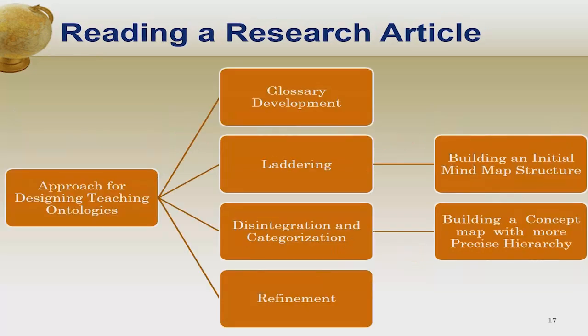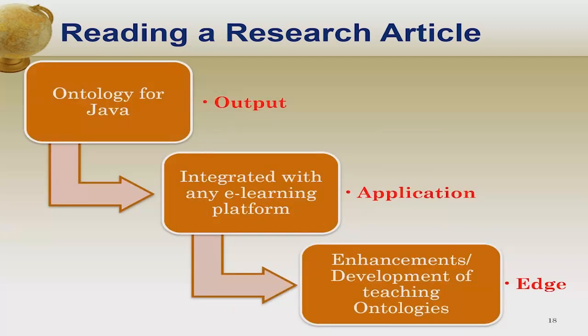The reader has to focus on the process that is followed in the article. The process is an approach for designing teaching ontologies, which consists of 4 steps, namely glossary development, laddering, disintegration and categorization, and refinement. The reader has to understand that an ontology for Java language is developed as an outcome of this research.